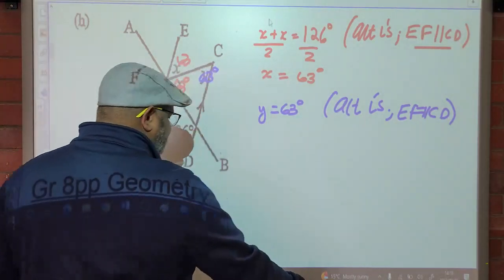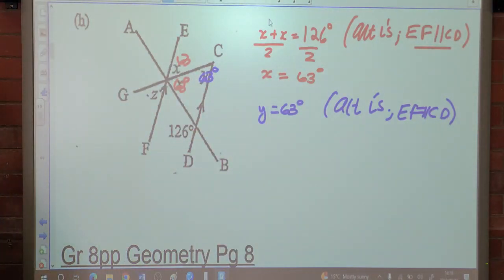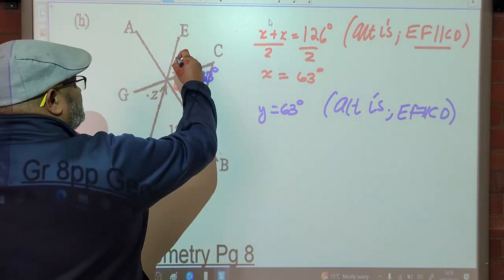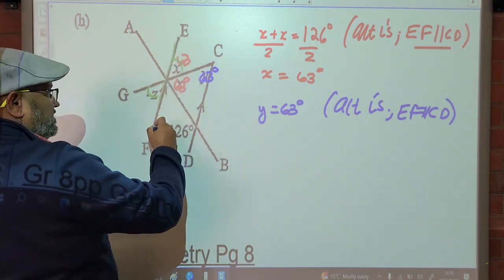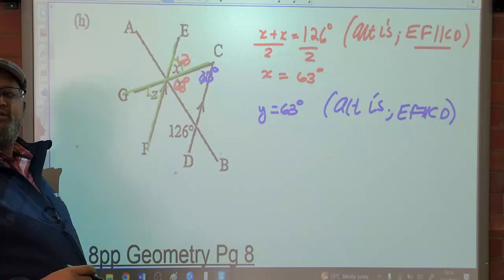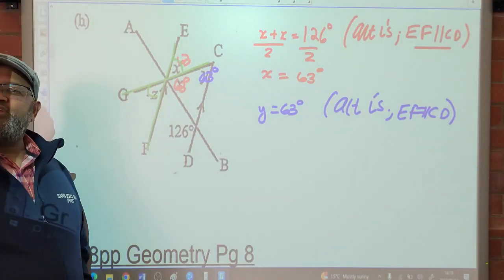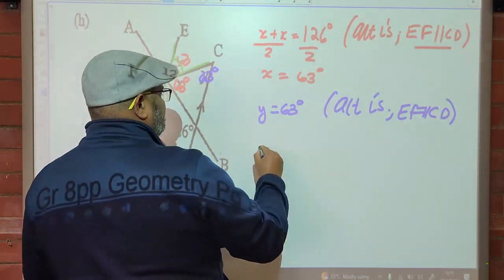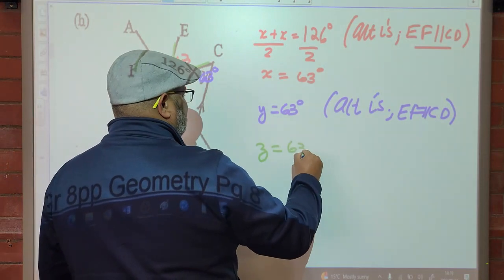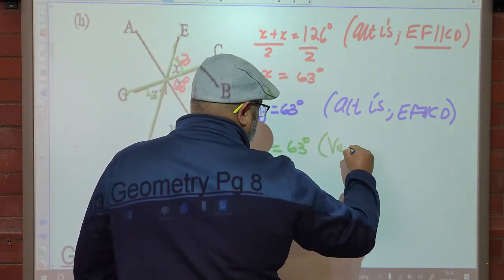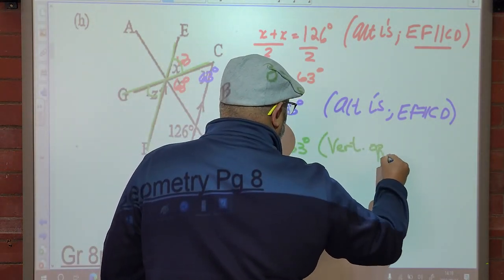How can you calculate Z? Z is vertically opposite angles. Can you see it has 2 transversals? The opposite angles are equal. So Z is equal to 63 degrees. Vertically opposite.